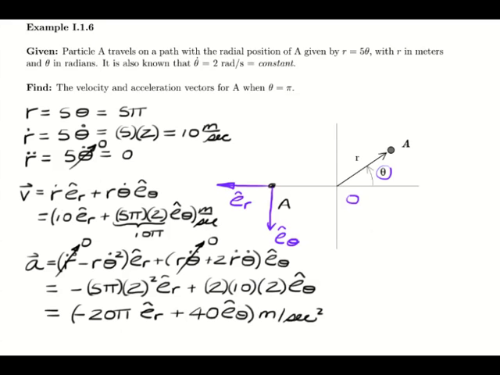Okay, so let's make a sketch of this just to see if it makes sense. The V has a positive ER component of 10. It has a positive E theta component of 10 pi, so the E theta is larger than the ER component by about a factor of 3, so we'll make V look like this.